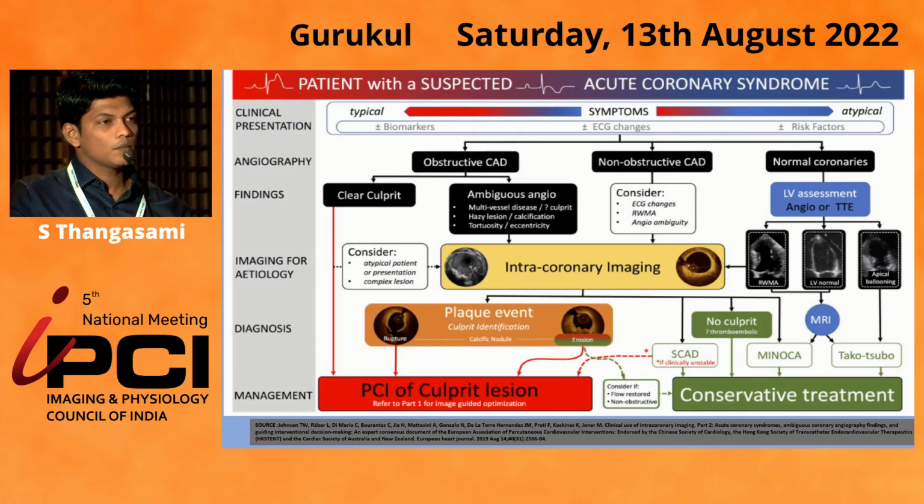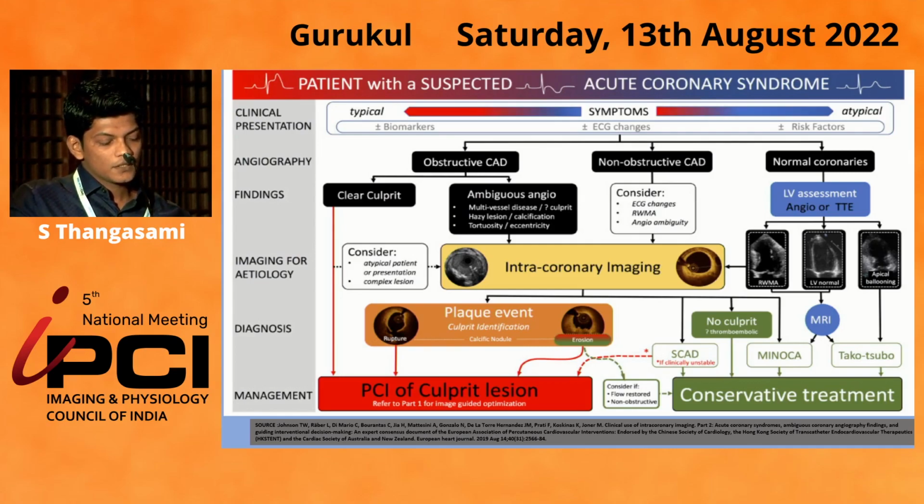In a patient with suspected acute coronary syndrome with a clinical presentation of typical or atypical symptoms, with biomarkers, ECG changes, or risk factors, the general approach should be to perform an angiography. If the angiography shows normal coronaries, we can proceed with echocardiography or MRI for further diagnosis. If it is obstructive CAD and there's a clear culprit vessel lesion, the lesion should be treated with PCI. If the angiography shows ambiguous lesions with multivessel disease, or where the culprit lesion is not clear, or if there is a hazy lesion, calcification, tortuosity or eccentricity, the patient should proceed for intracoronary imaging.